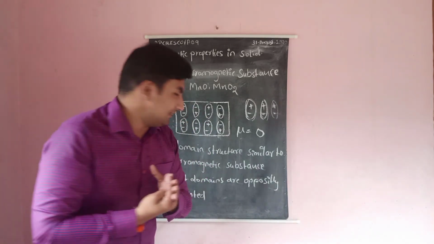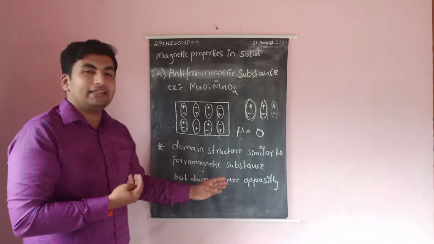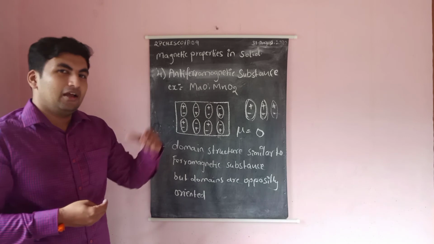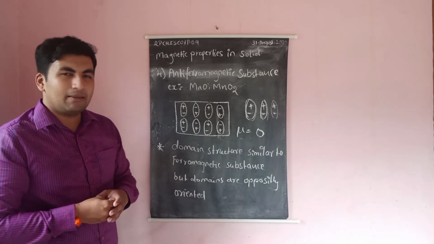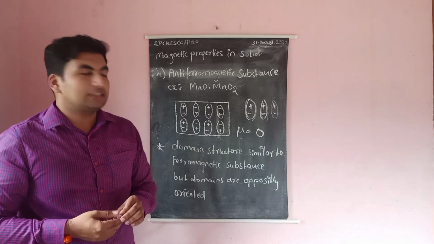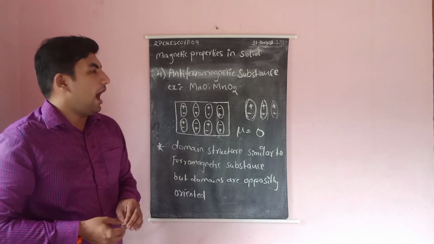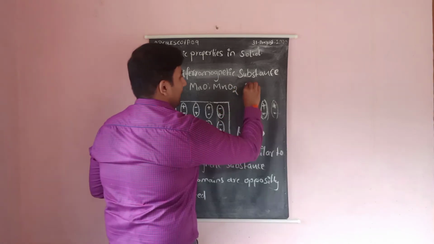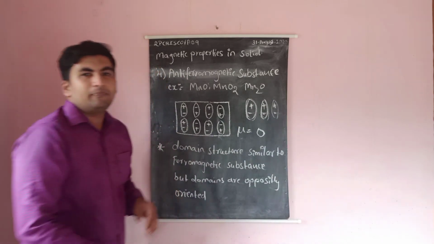The only difference is that the orientation of the domains is opposite compared to ferromagnetic substances. This is about anti-ferromagnetic substances, and the examples are MnO, MnO2 and Mn2O.